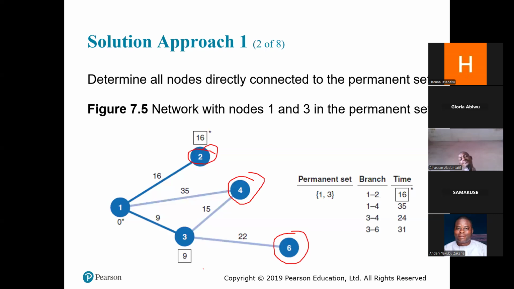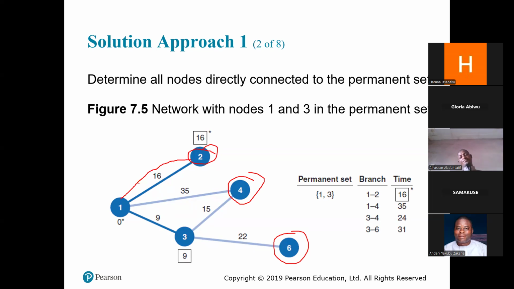So you see that from 1 to 3 to 4 will have a different distance. So let's do the analysis systematically. So the branches that are directly connected to the permanent set, first is the branch from 1 to 2.